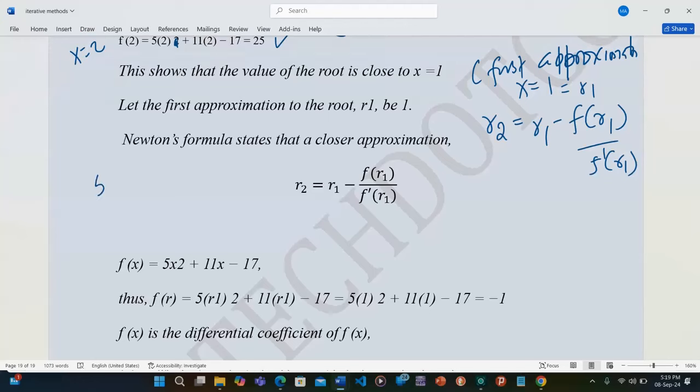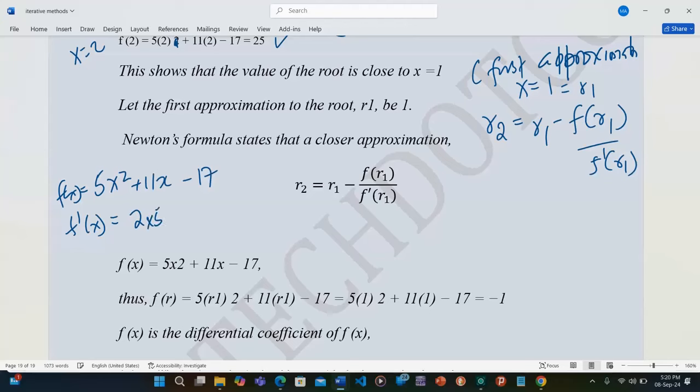So we have 5x squared plus 11x minus 17. That is f of x. So what is f prime of x, the first derivative? 2 times 5, isn't it?